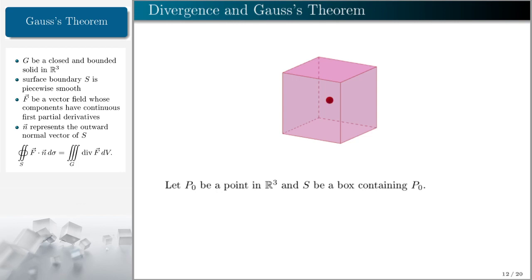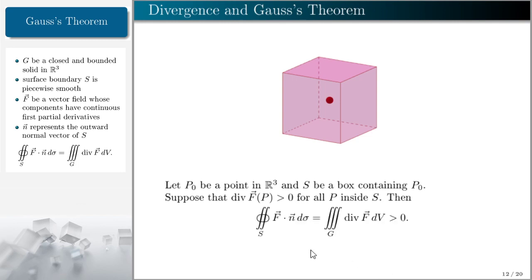Now for simplicity, suppose that every point inside this cube will have positive divergence. Since everything will be positive, if I get the triple integral of the divergence of F over this solid G, which is our surface here, over our solid, it will become positive, and in turn will mean that our flux will be positive as well.